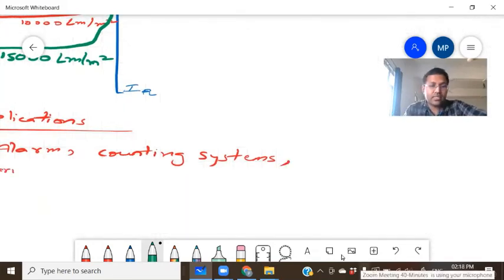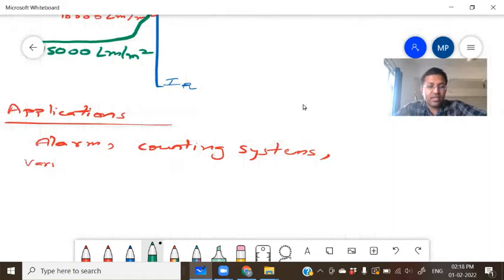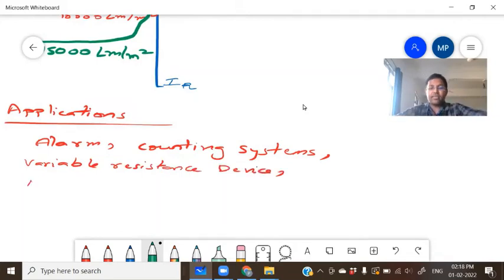Next, it is also useful in variable resistance devices. What do you mean by a variable resistance device? Depending on the light, the current is changing. For a fixed voltage, current changing means resistance is changing. Based on the light intensity, you can control the resistance.